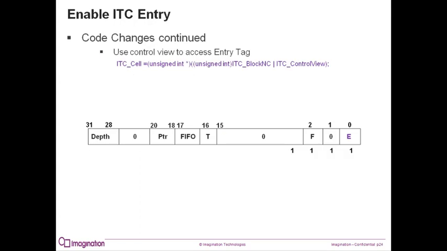Now that I have the correct address, I need to set the lower bits of the address to tell the ITC controller which view I want to use. To enable the cell, I need to set the enable bit, and to do that, I need to use the control view. So I set those bits. Then I write the enable bit to the cell.